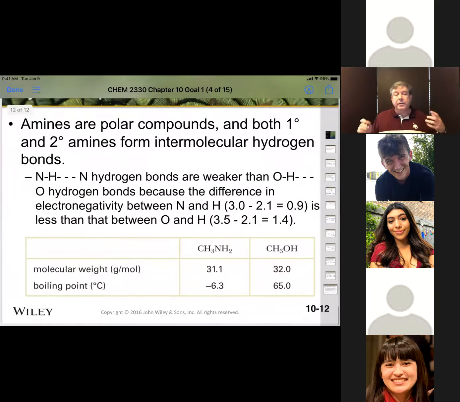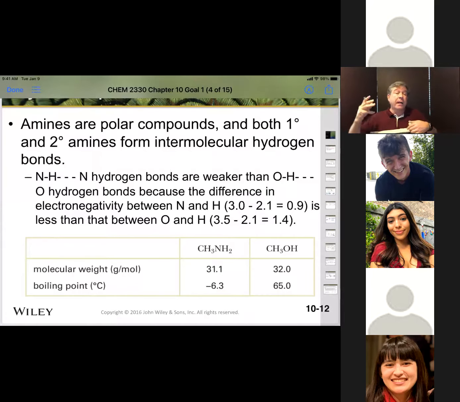Okay. So when we talk about hydrogen bonding, nitrogen is one step over from oxygen. So oxygen is more electronegative than nitrogen is, okay? And therefore, the electronegativity difference between the nitrogen and hydrogen is a little bit less, okay? Because it's a little bit less, that means it's going to be a weaker hydrogen bonder. So there's going to be a greater effect in an alcohol on the boiling point and melting point than in the case of an amine, okay?